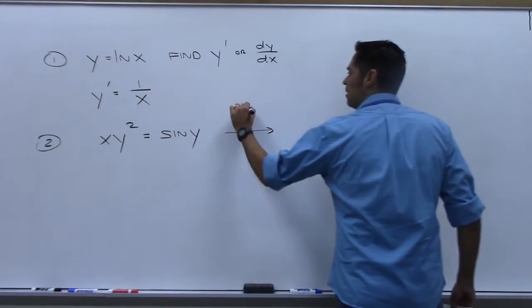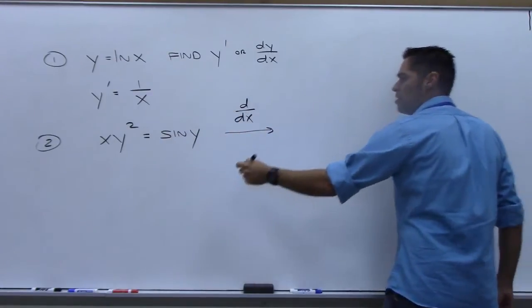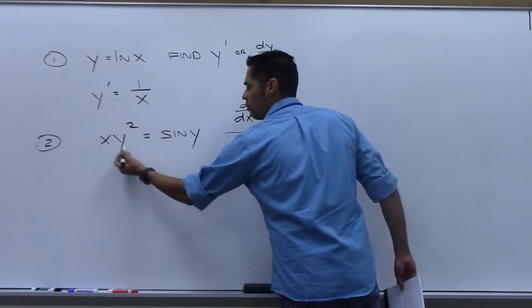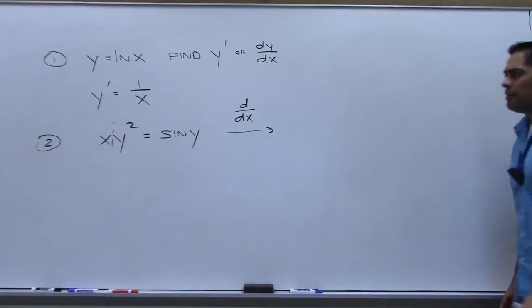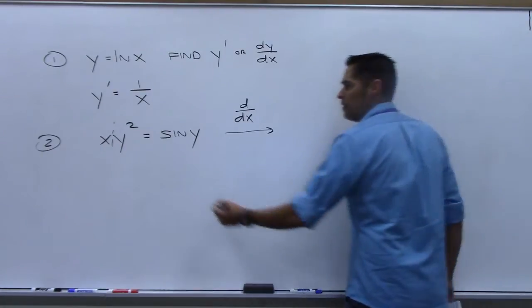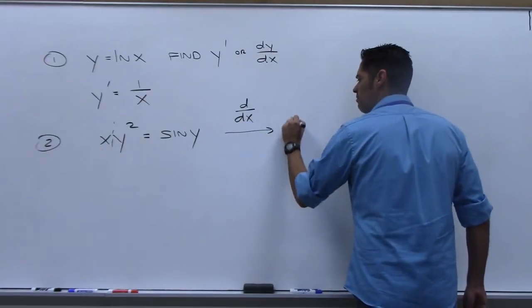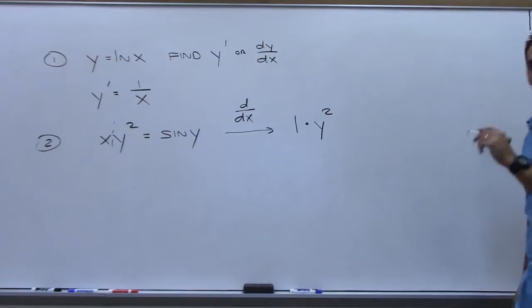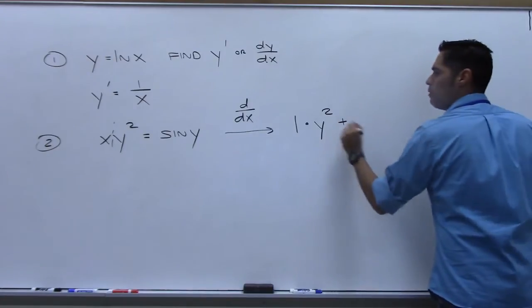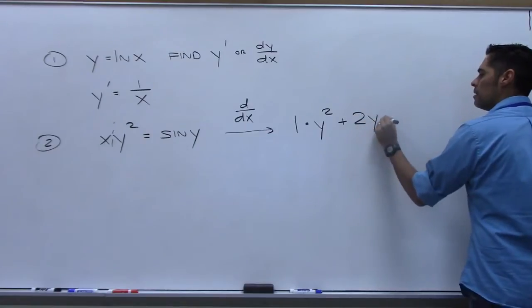So we're taking the derivative of this with respect to x, right? The left side of the equation, we have to use what? Product rule. There's a product right there, x times y squared. So the derivative of a product is the derivative of the first factor, which is x, which would be what? 1 times y squared, and then plus the derivative of y squared, which is 2y times y prime.